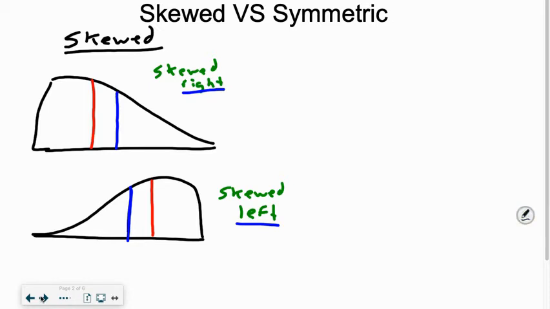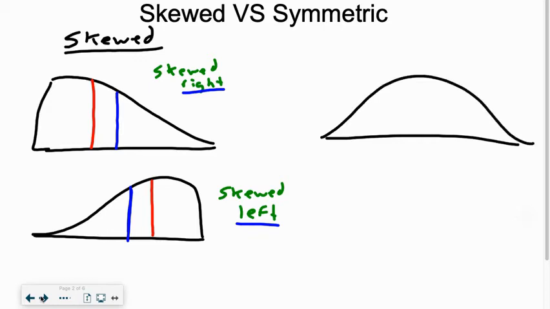In a symmetric curve, the mean and the median should be very similar, if not the same. So right in the middle.